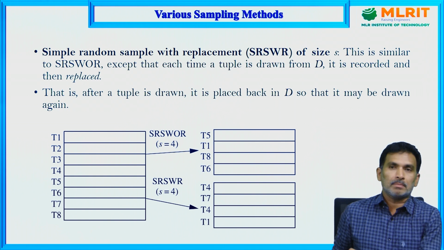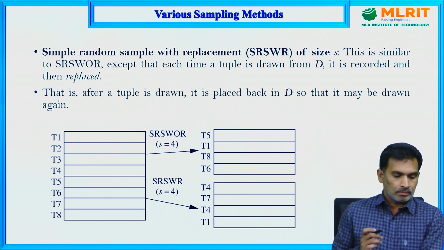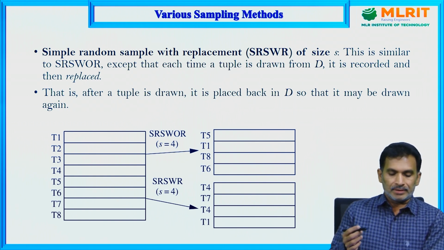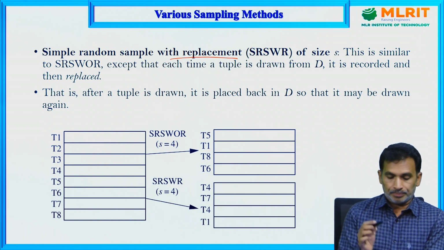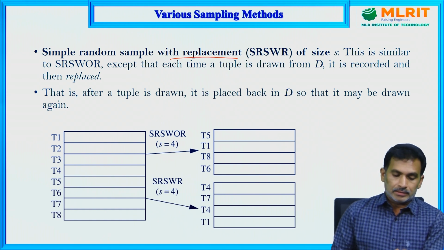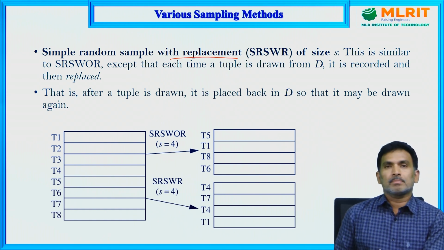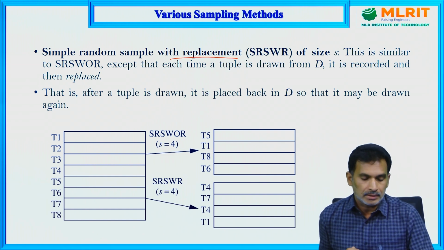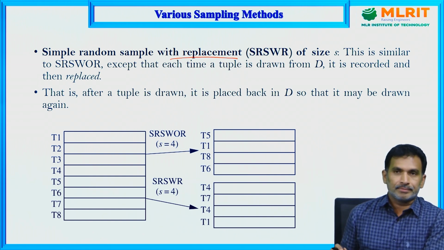Let us see another method of sampling, the simple random sample with replacement. In the previous case, simple random sample without replacement, there is no possibility of getting the same tuple again.